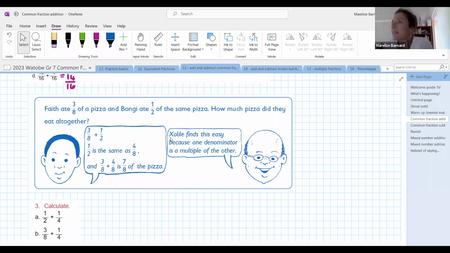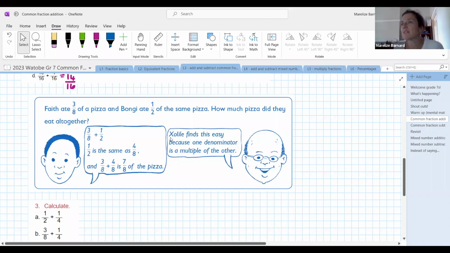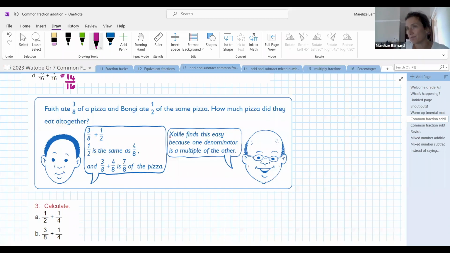So the thing here is we have different size slices. So if we have different size slices, 3/8 and 1/2, we need to find a way to do this that can work for us. So what we've got here is 3/8 plus 1/2. 1/2 is the same as 4/8. So that is much easier to add together.